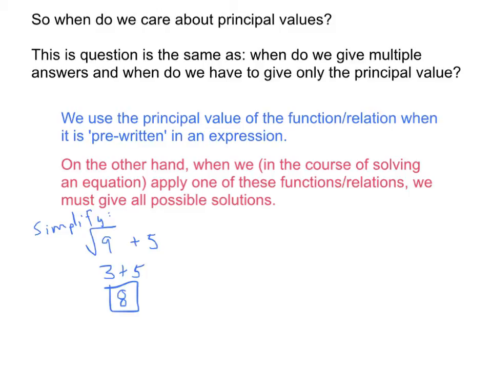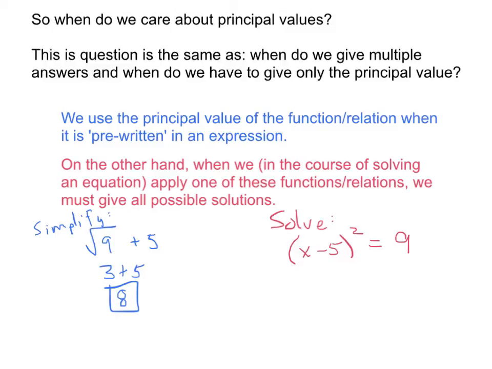We'll contrast that with if you, in the course of solving an equation, apply one of those functions, you have to give all the possible solutions. So for instance, if I had instead asked you to solve x minus 5 squared equals 9.